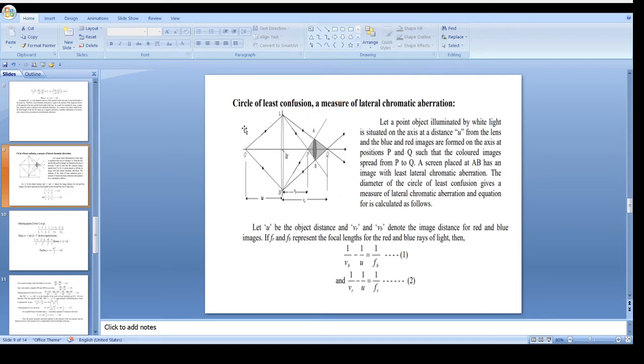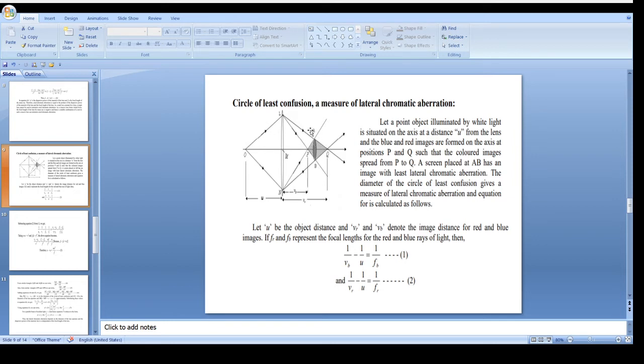In this figure 2, we see L and N, which is the lens. White light is passed through the lens, P and Q. P is the blue color focal point. Q is the red color focal point.